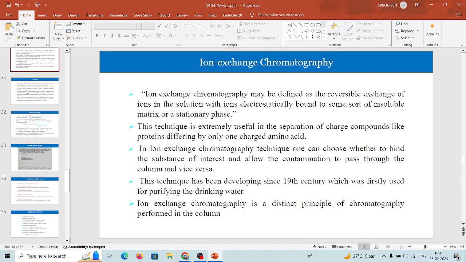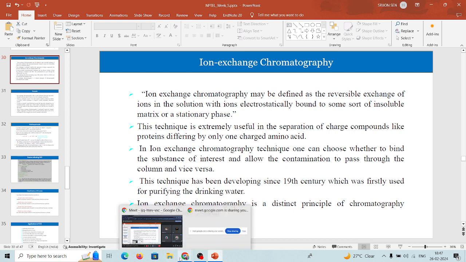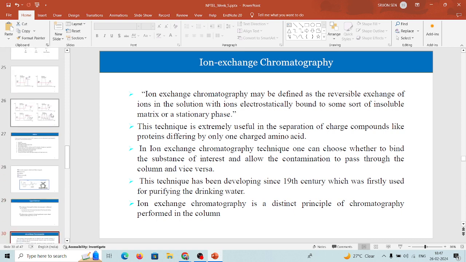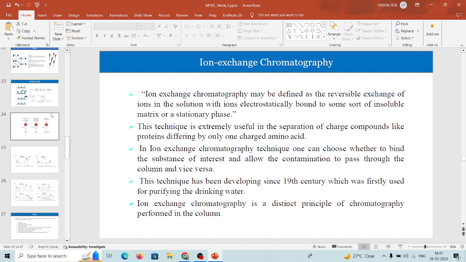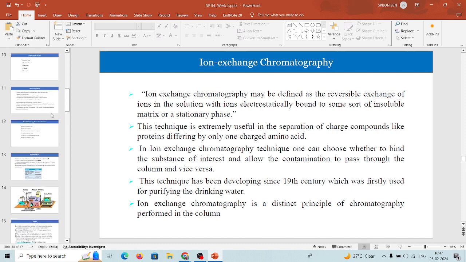So now we are left with only the ion exchange chromatography. Up till now, mainly I spoke about the size exclusion chromatography, the affinity chromatography, and the different components of these chromatographies. If you have any questions, you can ask me.